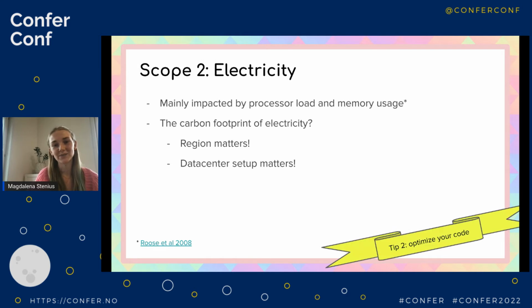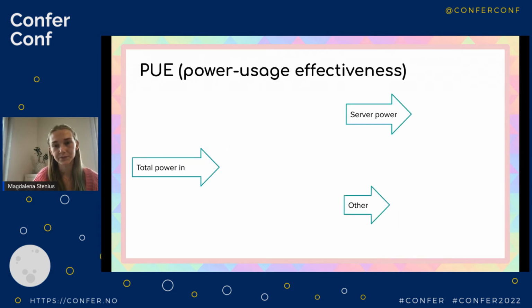So one of the classical tips is, of course, optimize your code so we can get that processor load and memory usage as low as possible. But then let's move on to look a little bit at the data center's perspective of electricity.